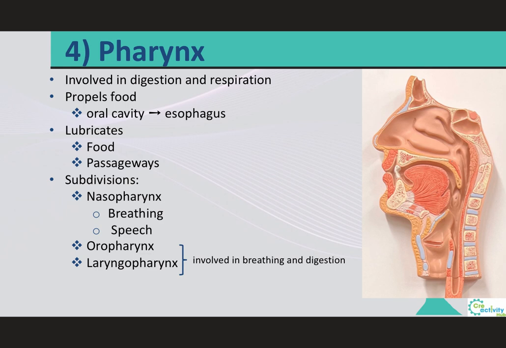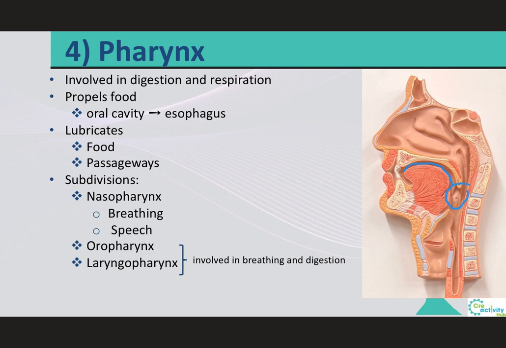The pharynx will help a little bit with the swallowing process, in a way that the skeletal muscles of the pharynx, when they contract, will raise and expand the pharynx to receive the bolus of food.